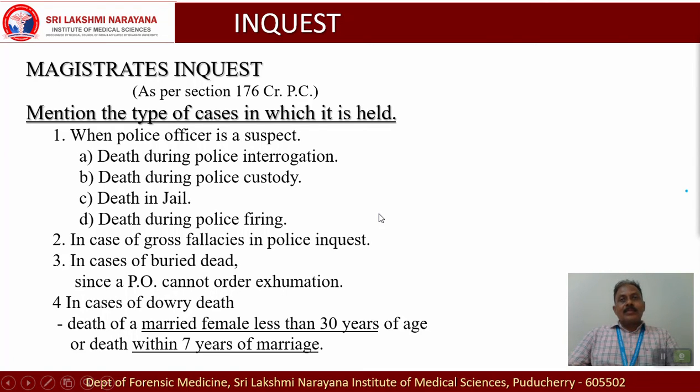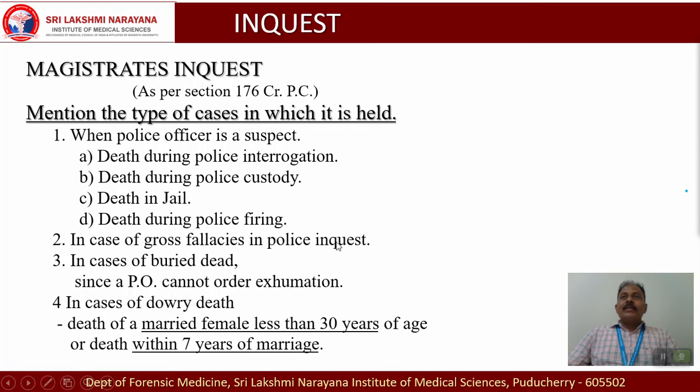Even when a magistrate has sent a person to prison and that person dies in prison, the magistrate holds the inquiry. In case of gross fallacies in the police inquest, as we have mentioned already that a police inquest can have disparities and fallacies, it can be informed to the magistrate who holds the inquiry.